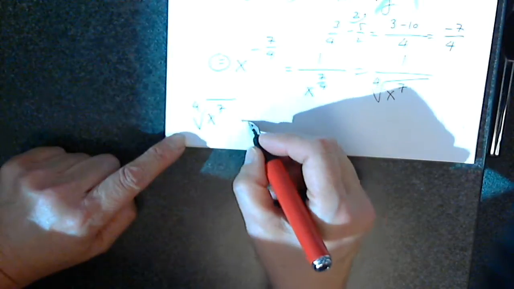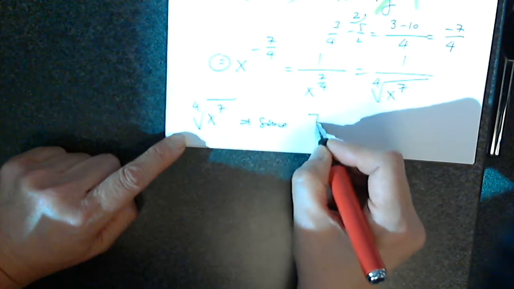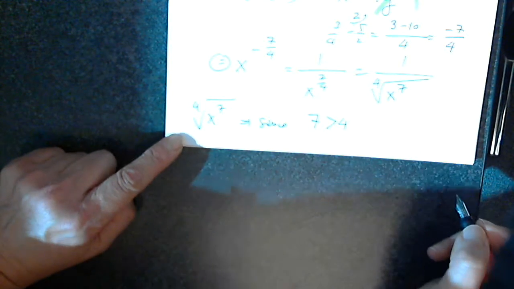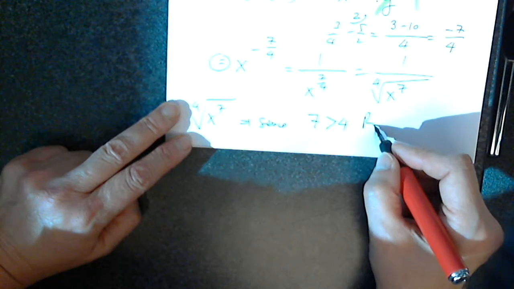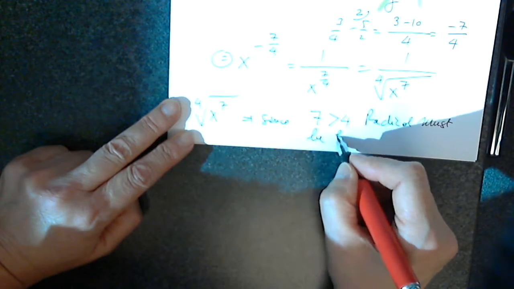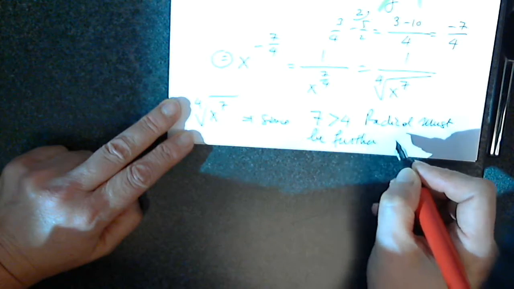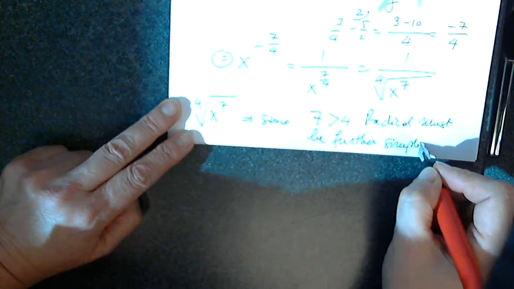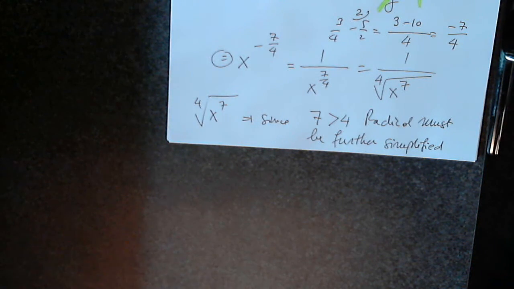So I will say, since 7 is greater than 4, the radical must be further simplified. It's not fully simplified.